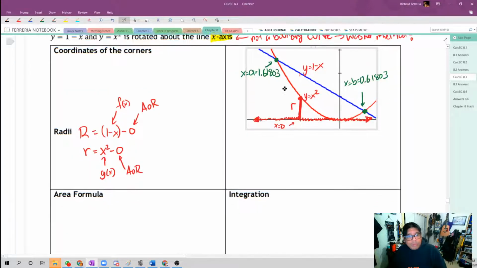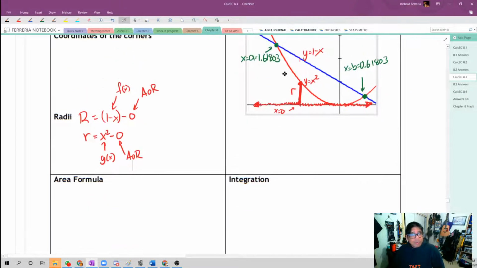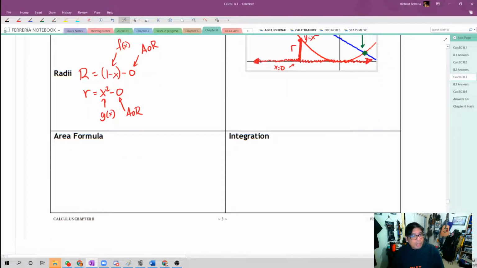Okay, we've got that. So our area formula is going to be pi r squared minus pi r squared, which is pi multiplied by 1 minus x squared, minus pi multiplied by x squared squared.